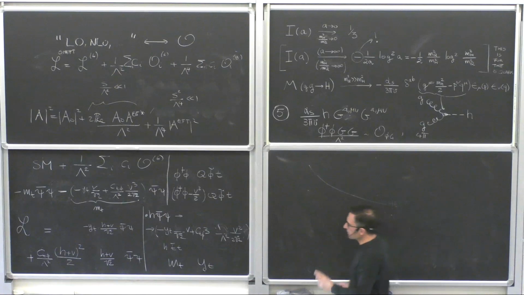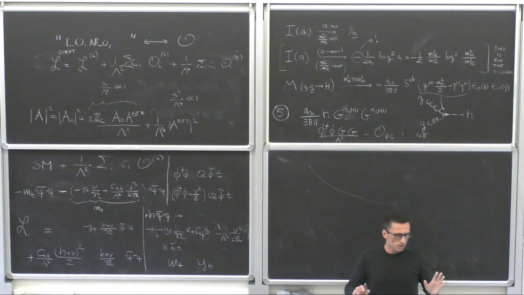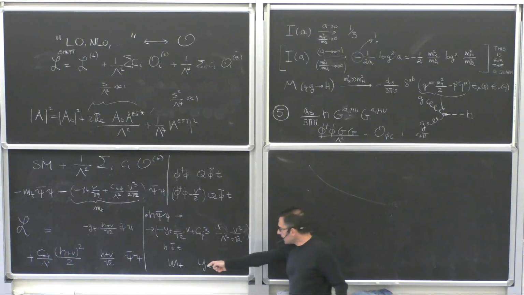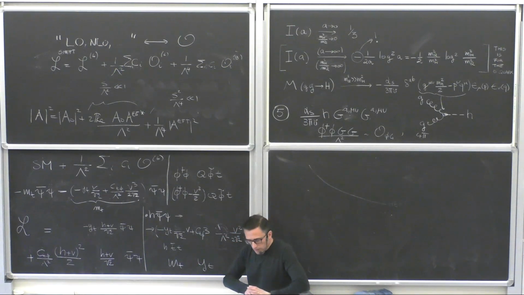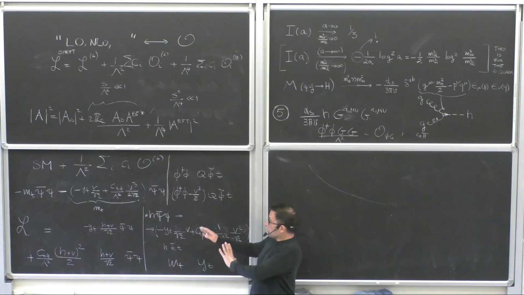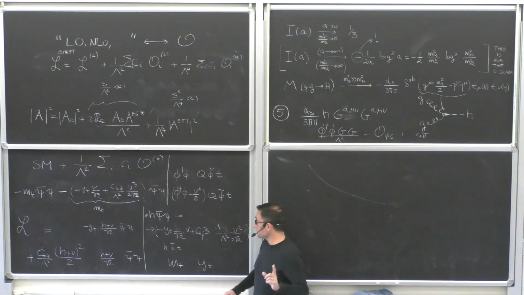So far, I could have taken my standard model Lagrangian and said, look, take y_t arbitrary, and that's it. I made all this complication for what? At the end, I write it in the broken phase, and then I take y_t different from m_t. That's it. There is nothing else happening. But it's not true. There is much more happening.